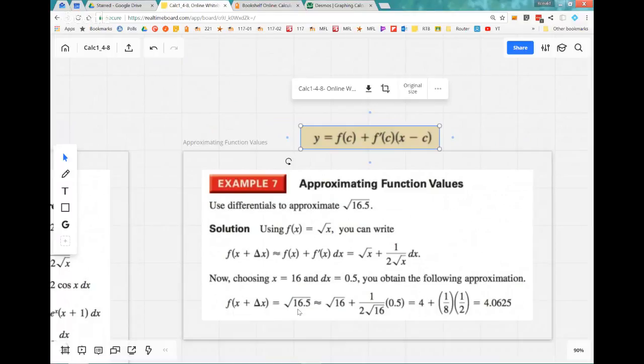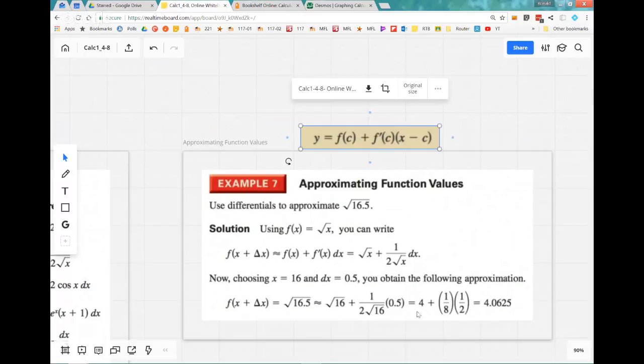f of x plus delta x, the square root of 16.5 equals, okay, f at x, 16, square root of 16, plus the derivative there. The derivative is 1 over 2 times the square root of x, times dx, which is 0.5. So you see what's happening here.